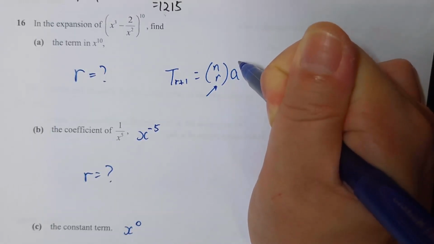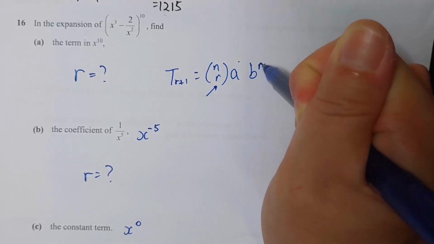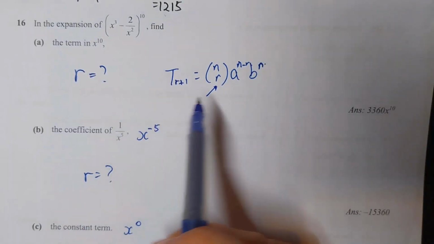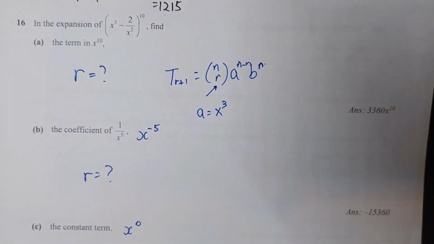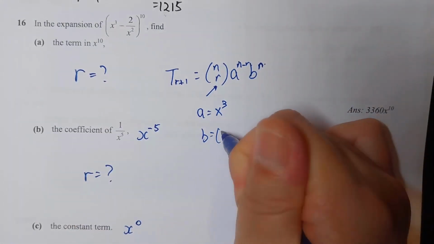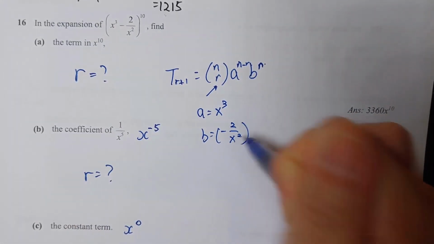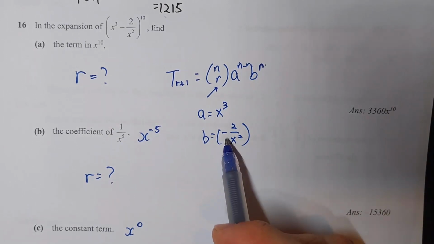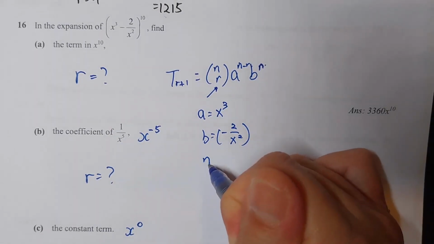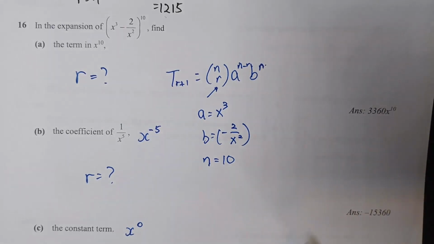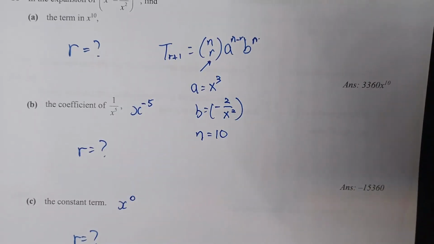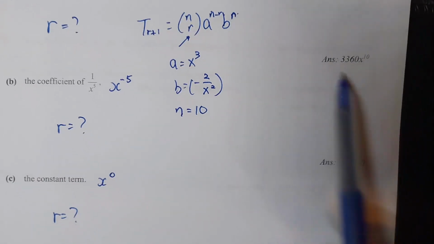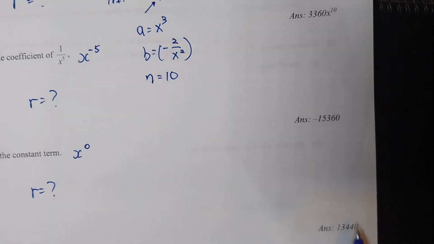Just to give you a head start, in this case, the a value is x cubed, the b value is negative 2 over x squared with a negative sign here, and the value of n is equal to 10. So find all the r values, sub it back in. You should be able to find the term, the coefficients, and the constants.